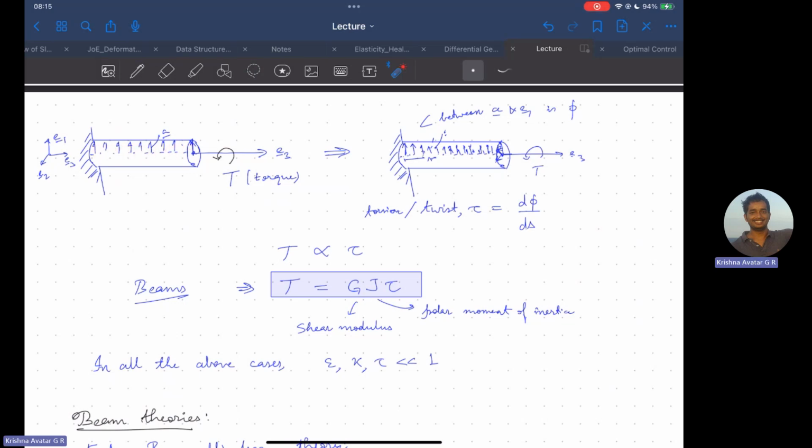After applying this torque T, the vector A will rotate about the E3 axis, and the rotation with respect to the E1 axis is given by phi, the rotation angle.